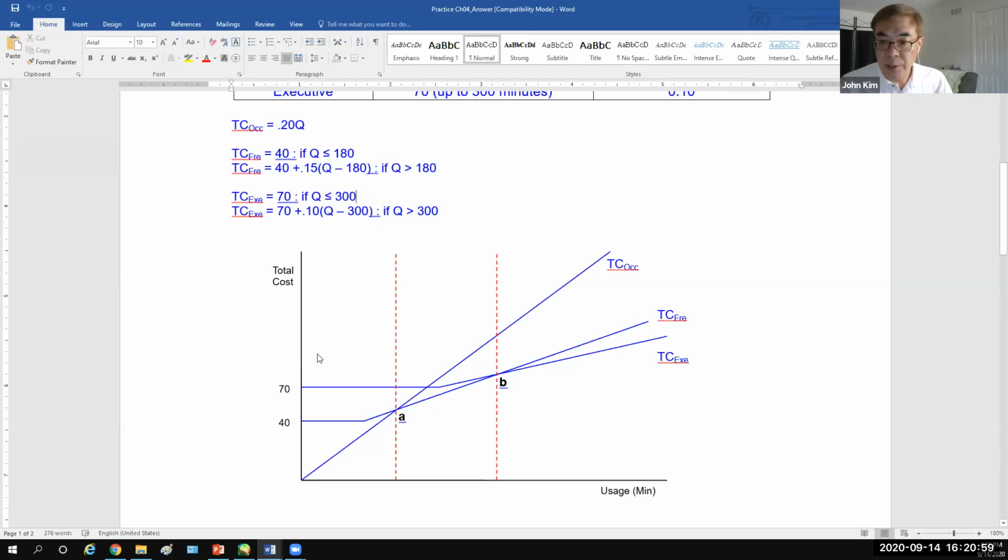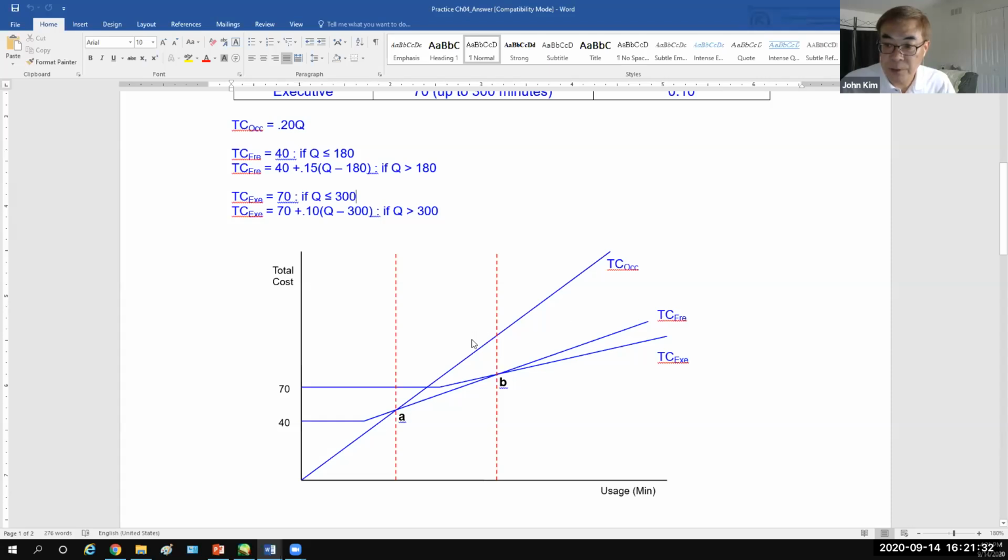As I mentioned earlier, if there are three options, then usually three crossing points. The middle one doesn't matter. Left and right, 2 points are important. On A, TCO crosses TCF.